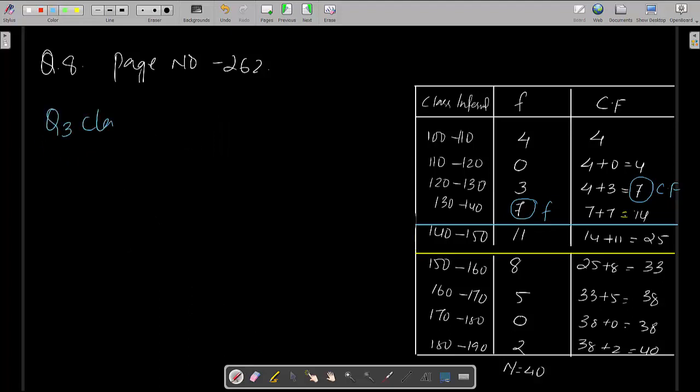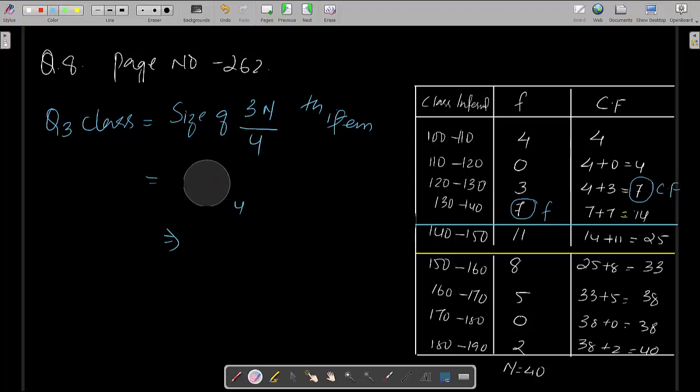Q3 class is size of 3n by 4 item. Okay, so here 3 into 10 by 4, so 30 by, I'm sorry, not 10.